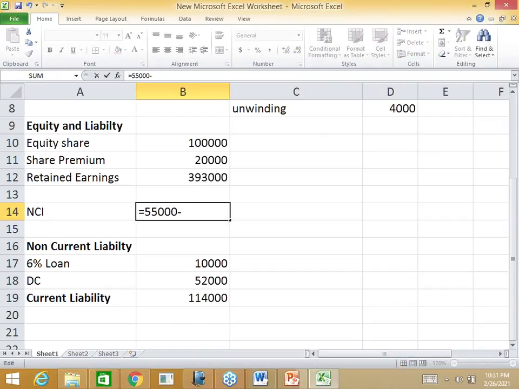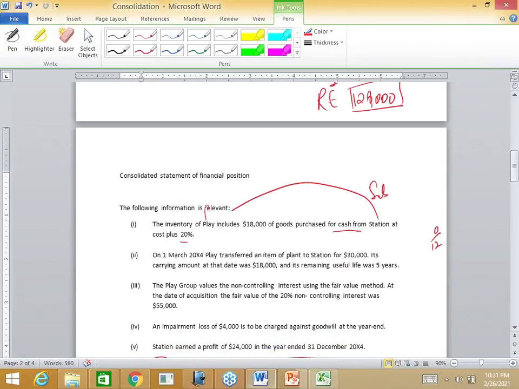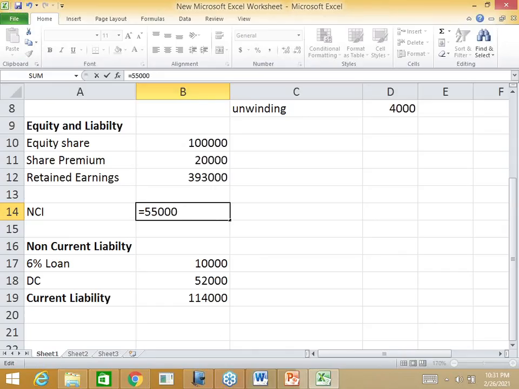Now I need to adjust the NCI as well. NCI will be adjusted for all the post-acquisition profits.